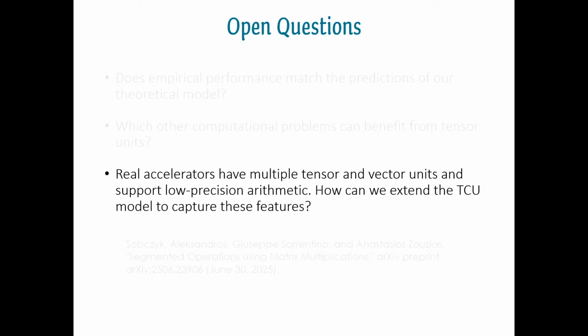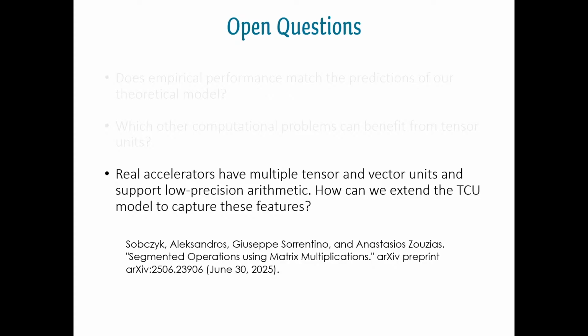So that is the biggest open problem. But very recently, there is this paper that tries to address those. But they analyzed only segmented operations, segmented sum and segmented scan. So there are all other problems that you can still try. So that's all I had to say. Thank you so much for your patience.